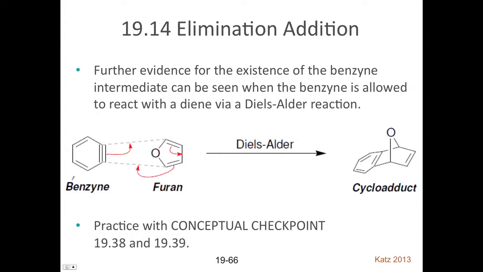What other crazy things can you do? This is one of the things that helped us determine that benzyne sort of existed. You can actually take benzyne and do some cool Diels-Alder chemistry with it, because this guy here is the diene, for example. This guy here is the dienophile. So you can definitely make the Diels-Alder cycloadduct.